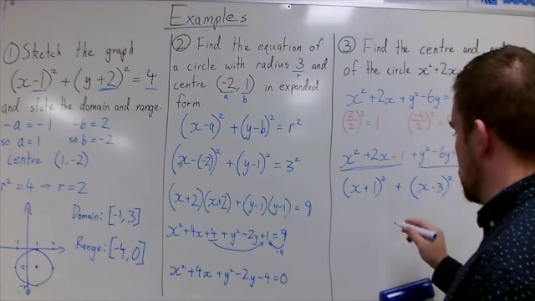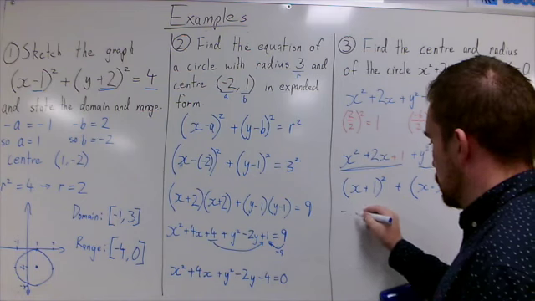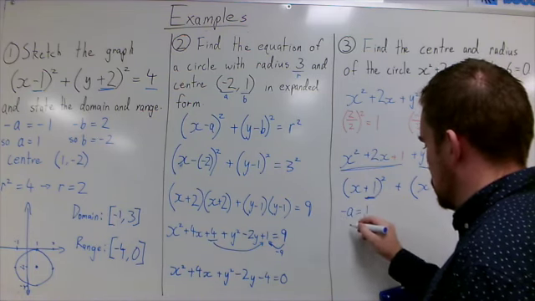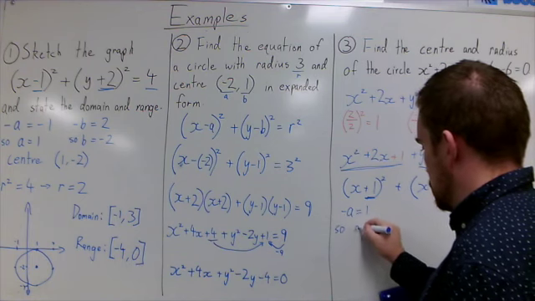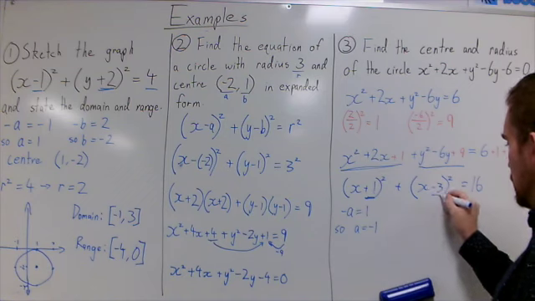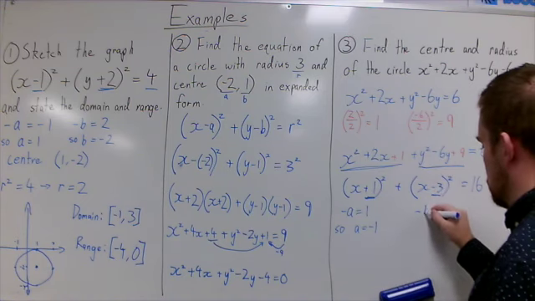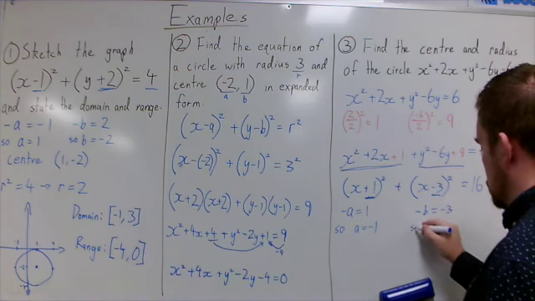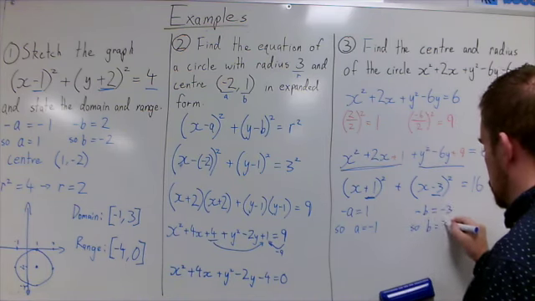So for the center and radius, we'd say, alright, so again, that has to equal minus a, so minus a equals 1, so a equals negative 1. And then that is the same as minus b, so minus b equals minus 3. So b equals 3.